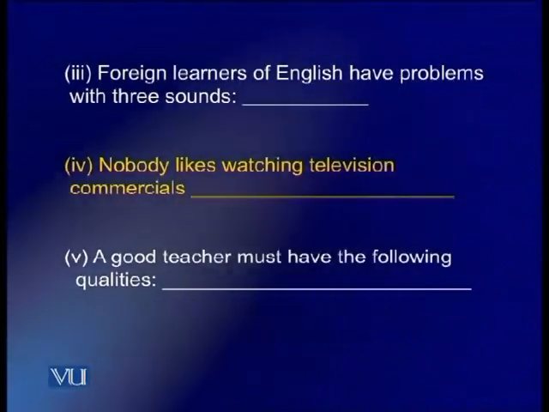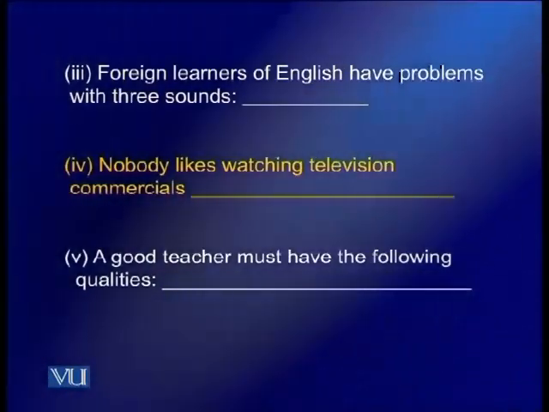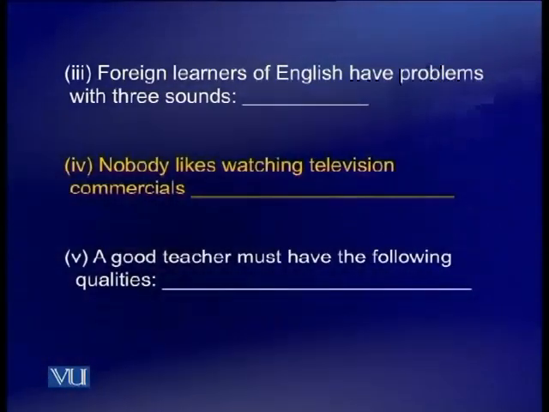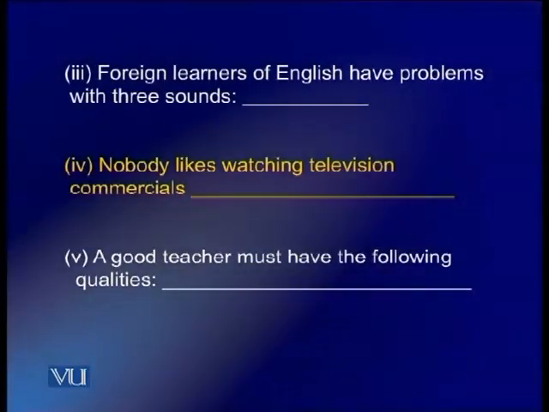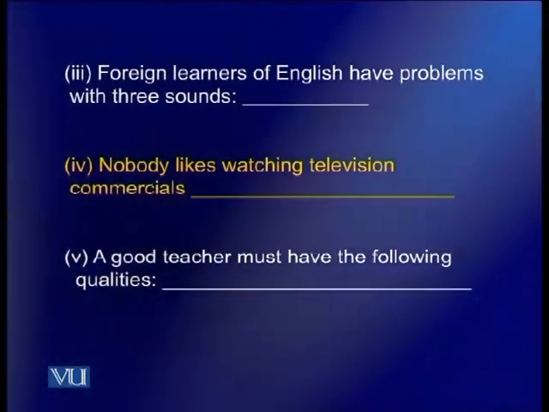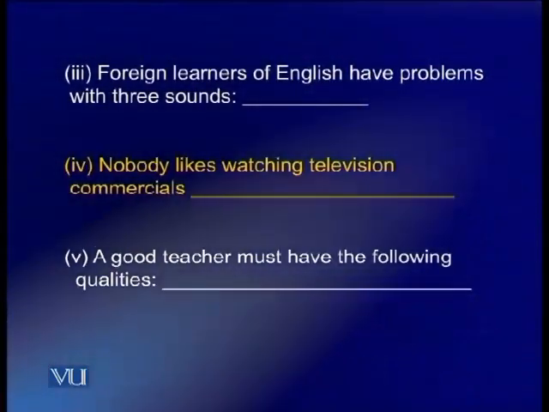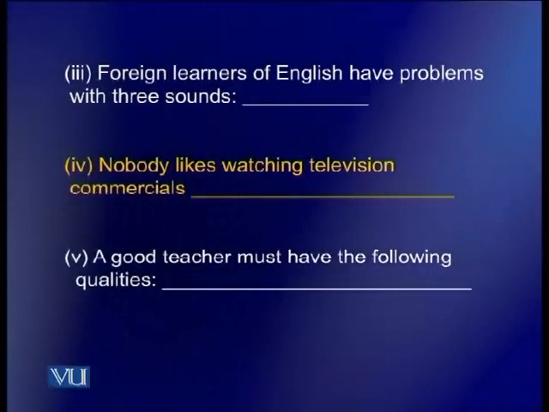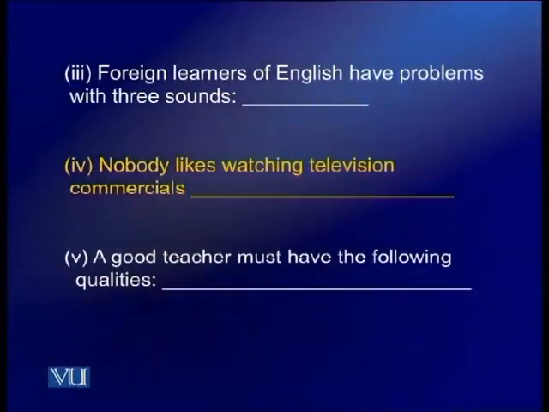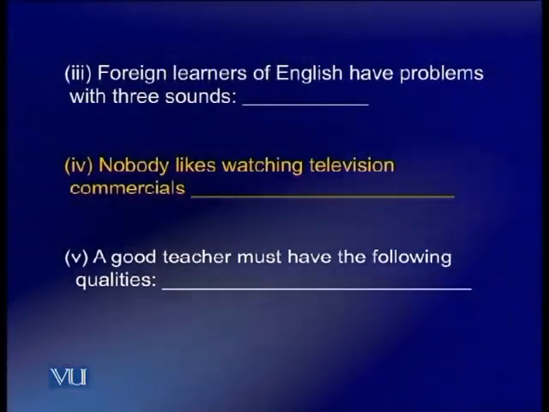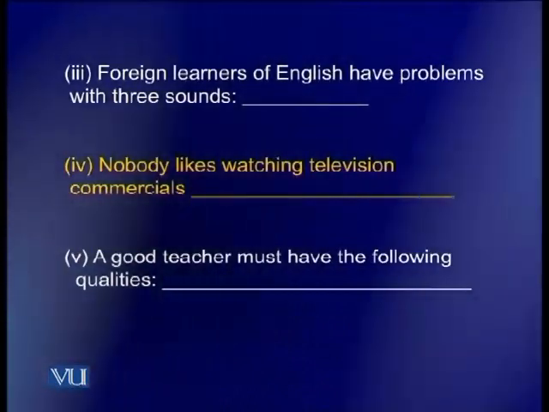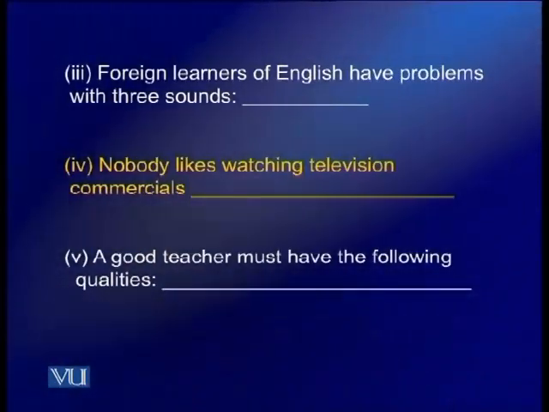You can say, as they are not only dull and boring, but they are also repetitive. You could just say, nobody likes watching television commercials because they are dull and repetitive. Right? You have clearly stated the reasons, the subtopics.